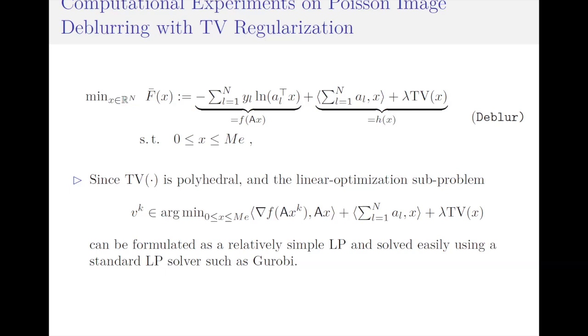So this subproblem can, of course, be reformulated as an LP, but it's not some arbitrary LP, because of the special structure of the TV function, it is actually a network LP. And for network LP, there are a lot of efficient methods to solve this problem. So the point is that this problem can be solved using a relatively simple LP solver, for example, Gurobi.